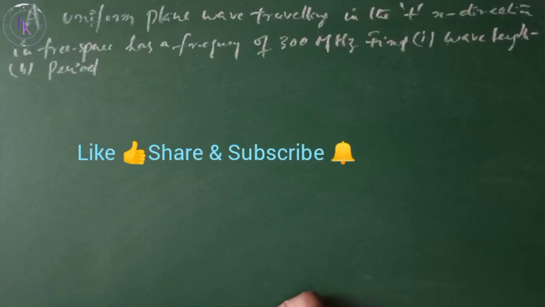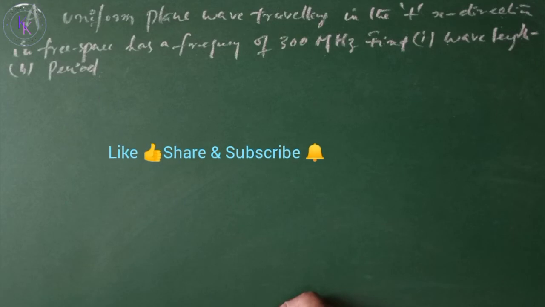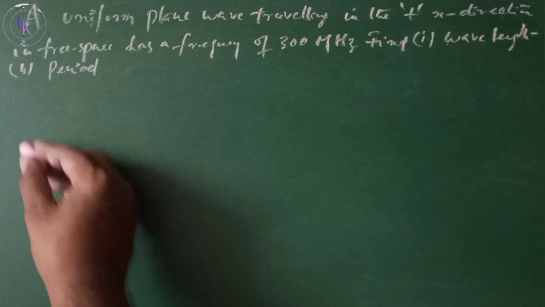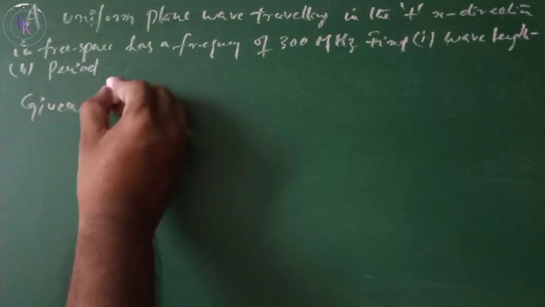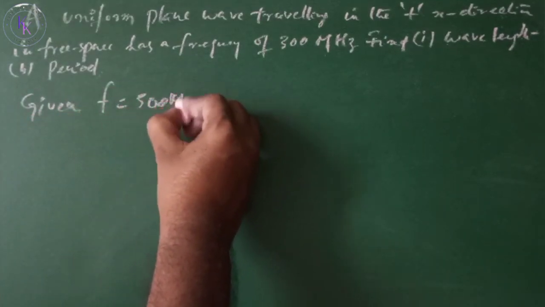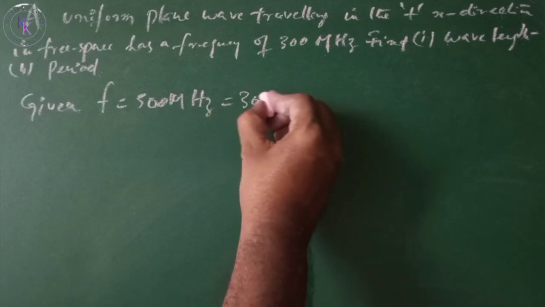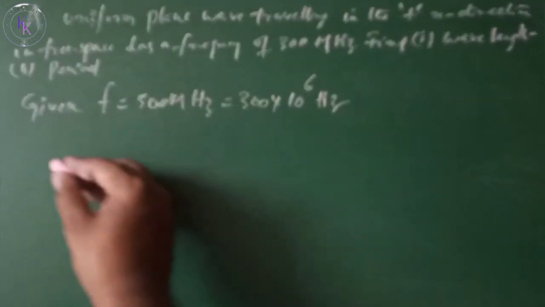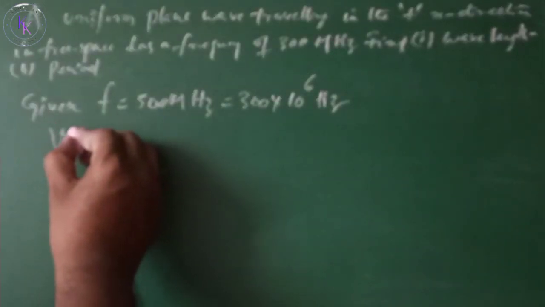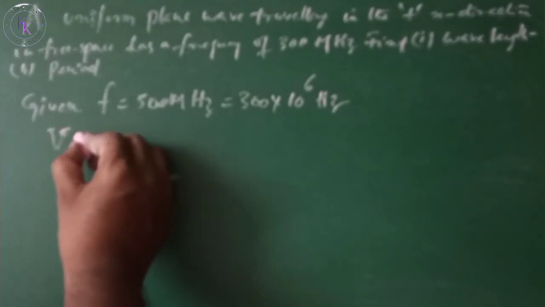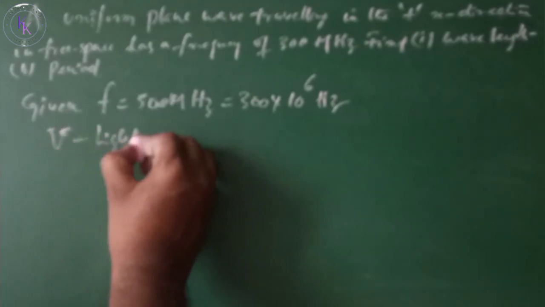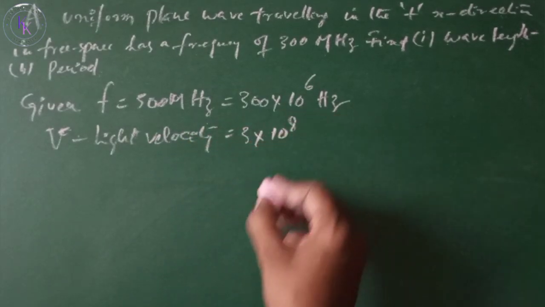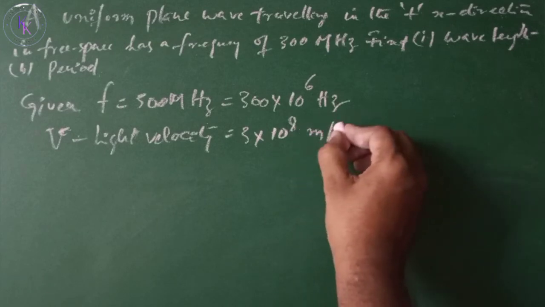A uniform plane wave traveling in the positive x direction in free space has a frequency of 300 MHz. Find the wavelength and the time period. So given f equals 300 MHz, that equals 300 into 10 to the power of 6 Hz. Now this is traveling in free space, so it is traveling with the velocity v of light, that equals 3 into 10 to the power of 8 meters per second.